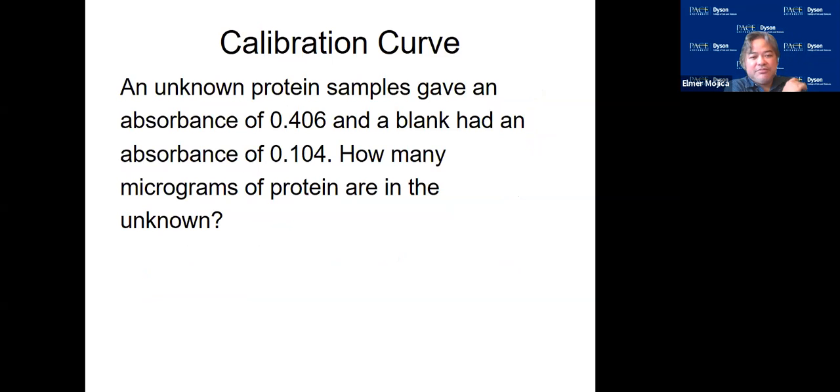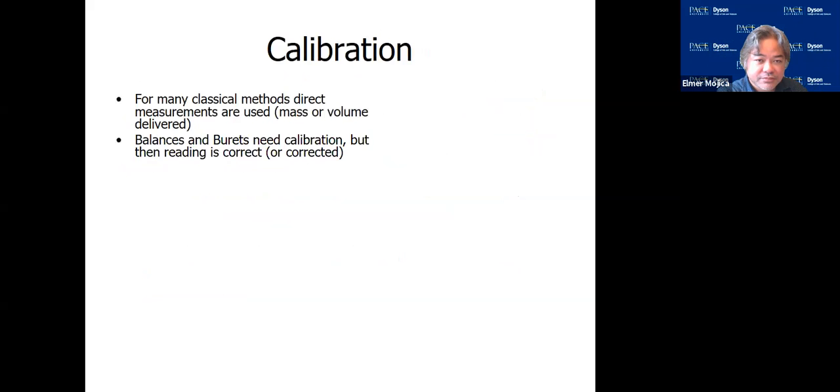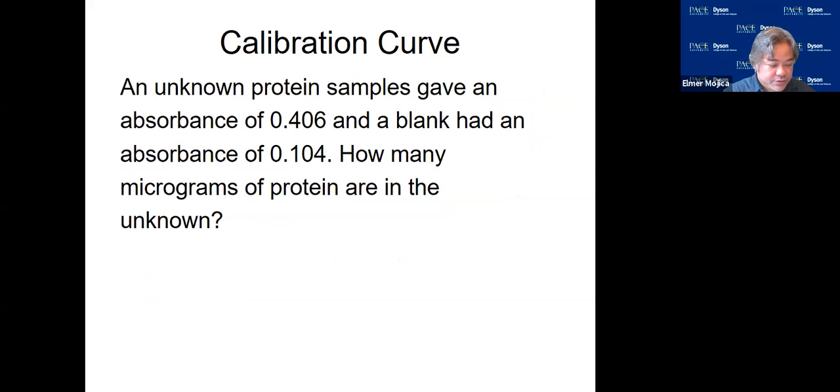Okay, so you have here an unknown protein sample that gave an absorbance of 0.406 and a blank had an absorbance of 0.104. So you are asked how many micrograms of protein are present. To answer this question, you should also know the value of your constants.